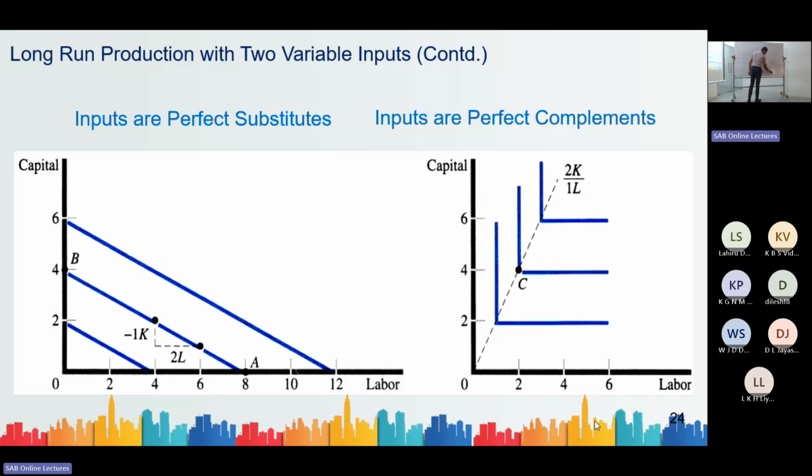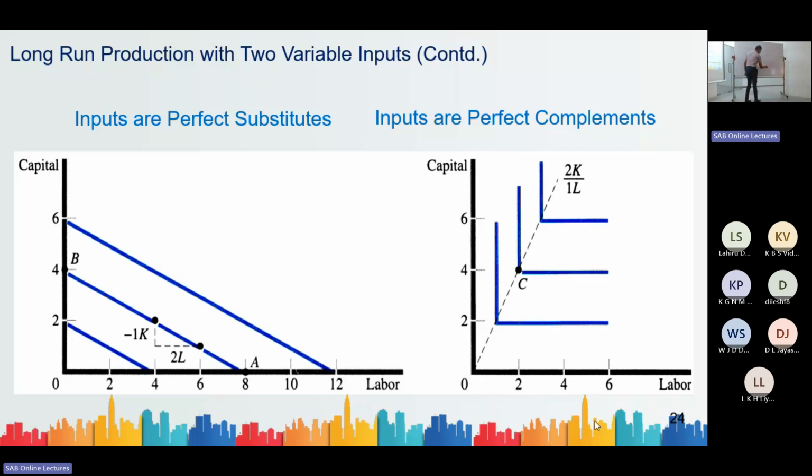Let's say we want to draw the isoquant curve for potato chips. Here we put local potato, here I put imported potato. The isoquant curve will look like this. It will be a straight line.